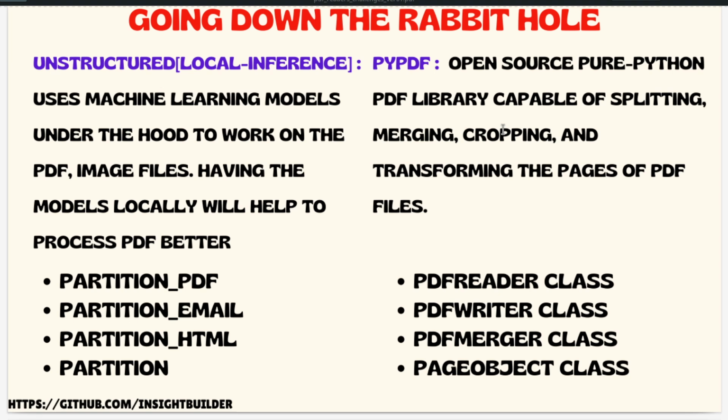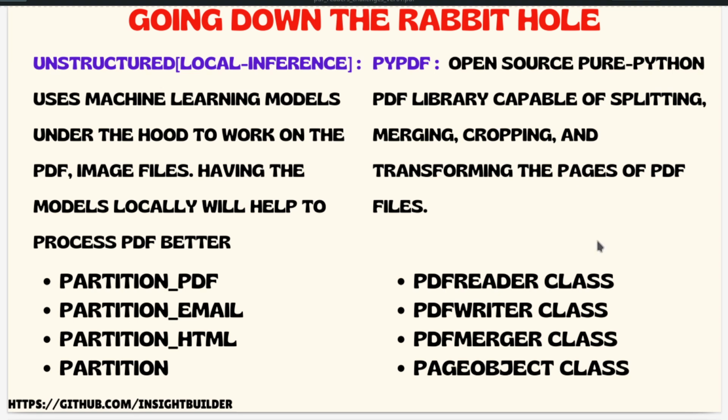Unstructured local inference is the library that you will be specifically using. It uses machine learning models under the hood, and it is basically an interface not just with Python functions. It has interfaces with large language models, and with machine learning models through various machine learning harnesses, and it also works with regular Python code related PDF classes.